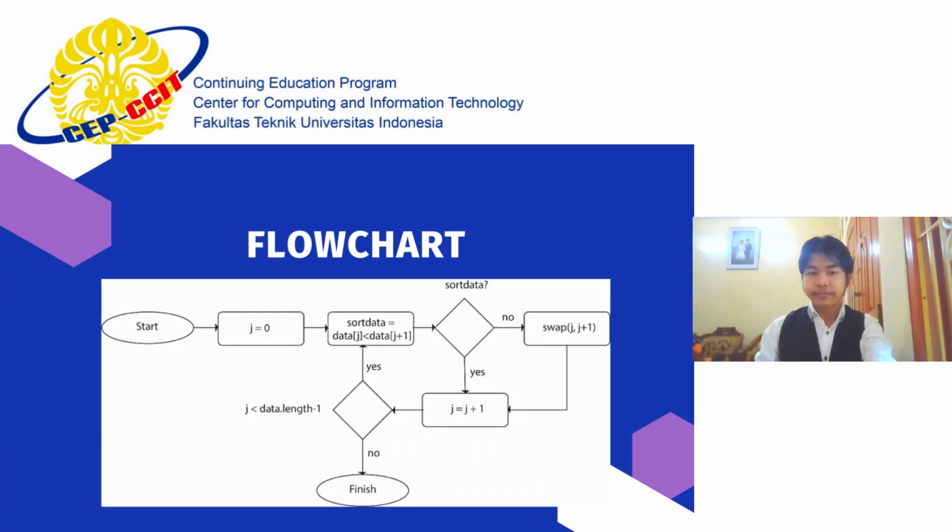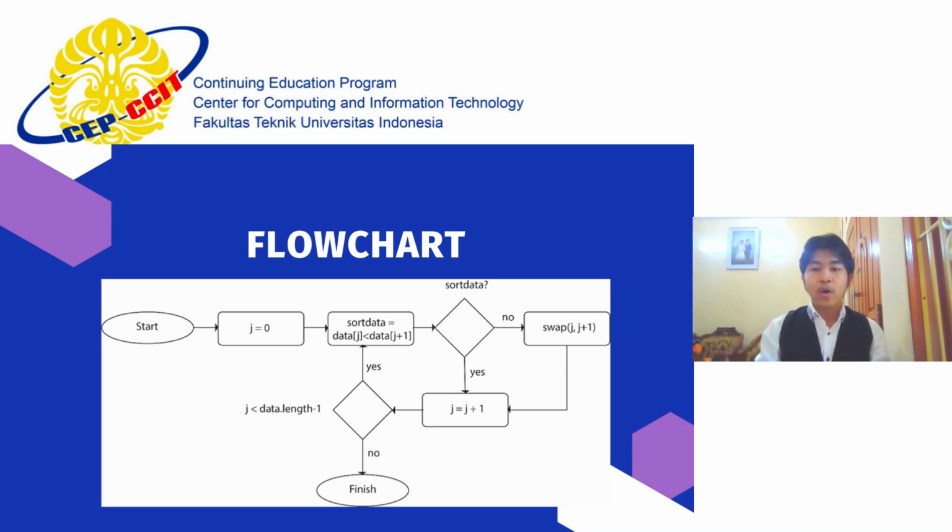Flowchart of bubble sort. In this flowchart, we start at the start symbol, and then we declare J as 0, the early value. After that, we check the sort condition: is data J less than data J plus 1? We continue with the decision on the sort data.